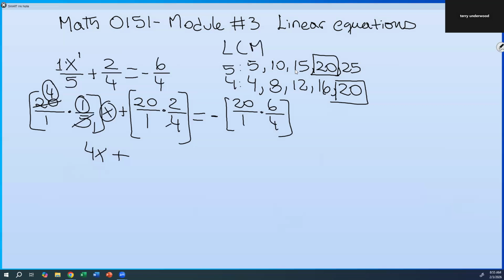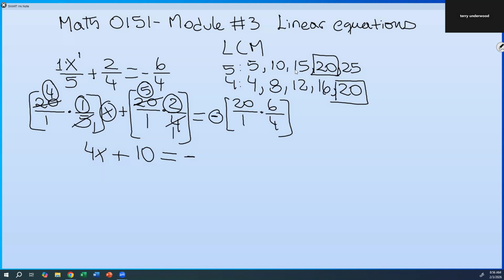How many times 4 going in 4? 1 time. There's no more denominators. How many times 4 going in 20? 5 times. So the only thing I have left over in this equation will be 5 times 2. That is 10. Put my 10 there, my equal, and then don't forget your negative sign. Negative.